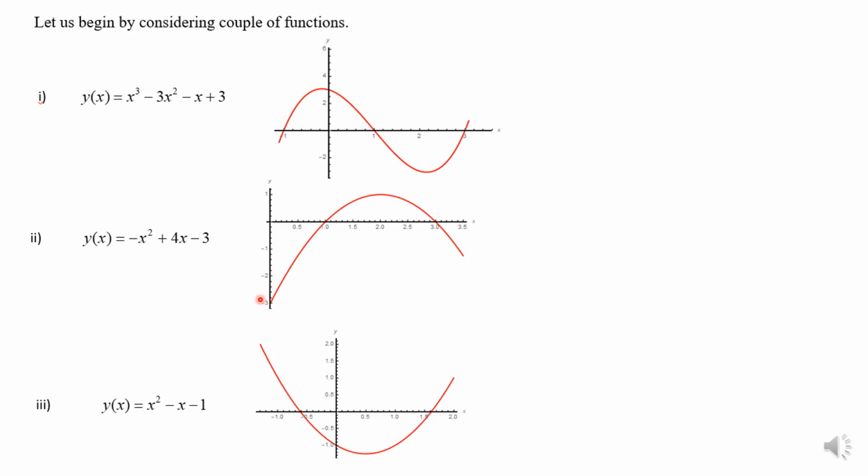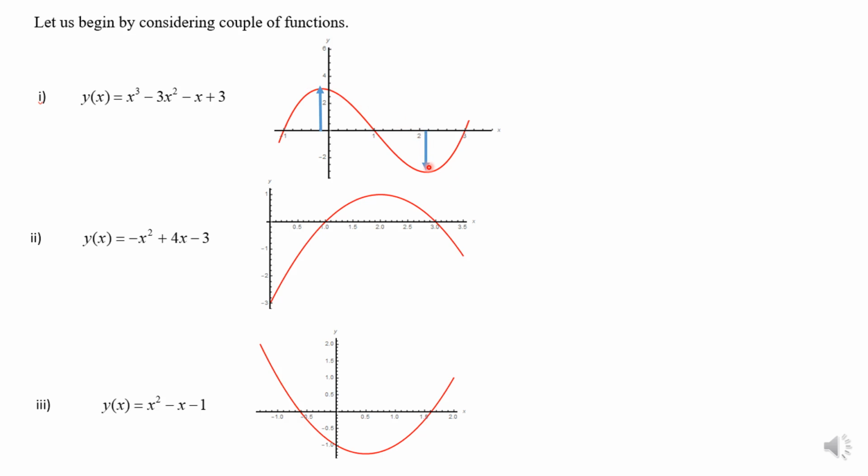Now what do I mean by maxima minima for this function, maxima minima of this, maxima minima of this, and so on. From the graph it is understood that for the first graph, this particular point is the highest height the graph will attain and this is the lowest height the graph will attain. So definitely this height is the maximum value and this height is the minimum value.